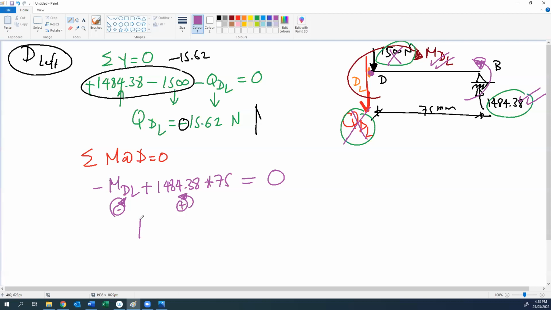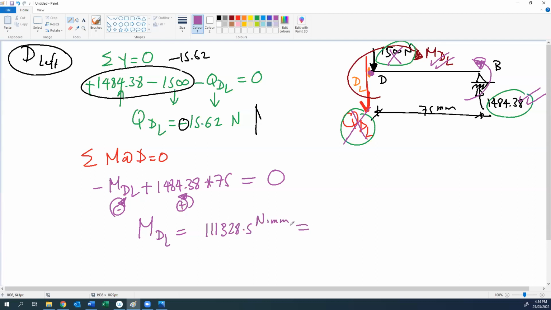From this, we will find the moment will be 111,328.5 Newton millimeter.